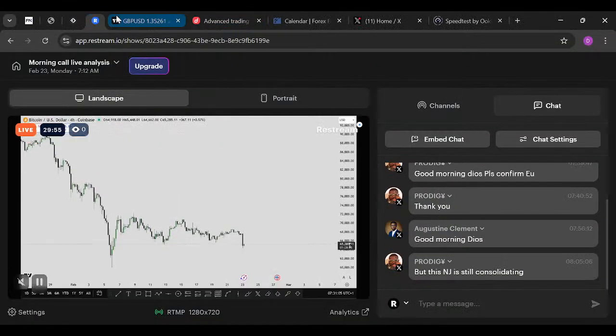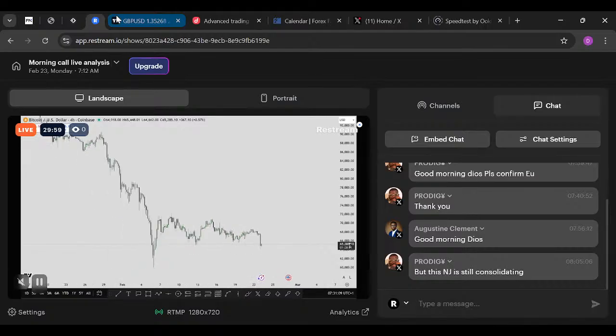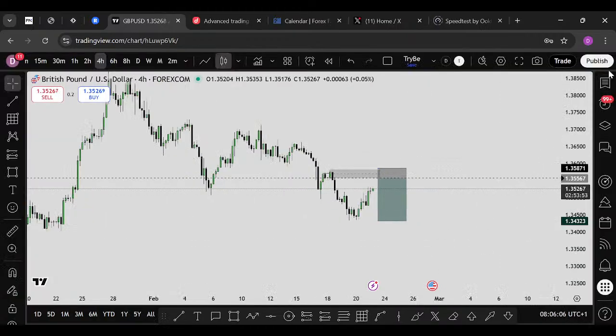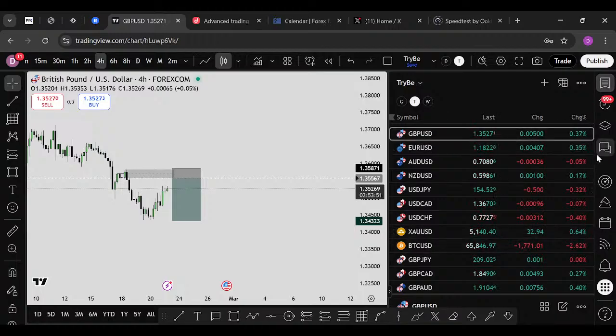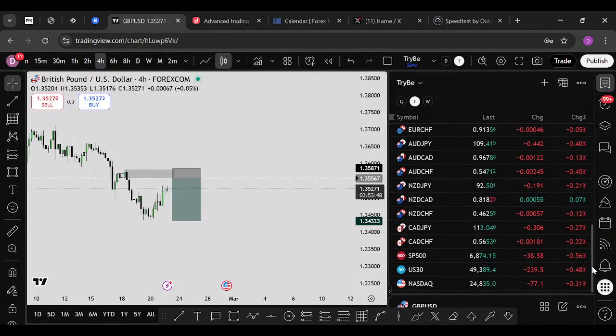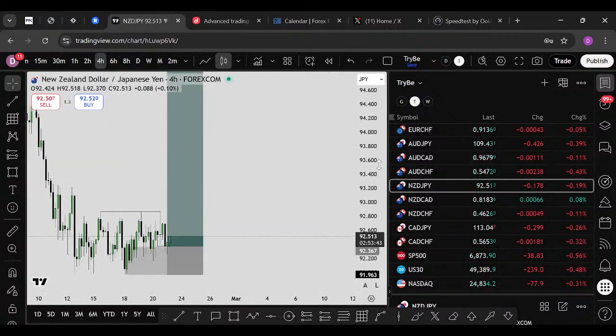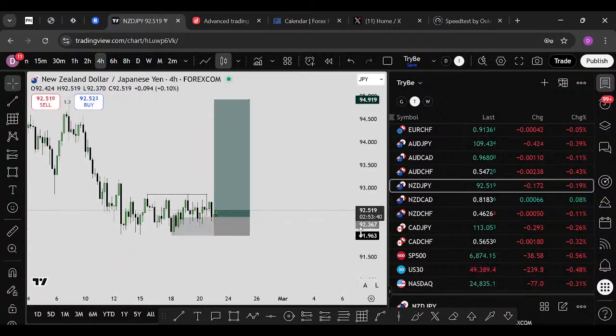But this NZDJPY is consolidating. Are you asking if it's consolidating, or I don't get your point here? Okay, you're saying because we bought that. What a child cannot see, if you stand up, the elders will see even if they are sitting down.